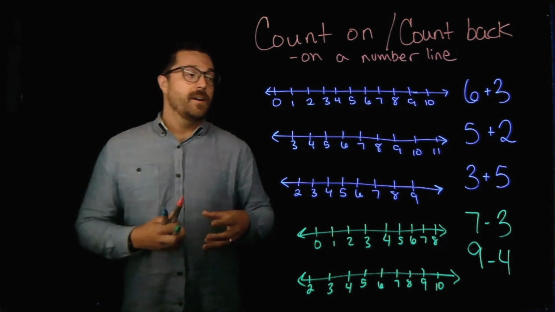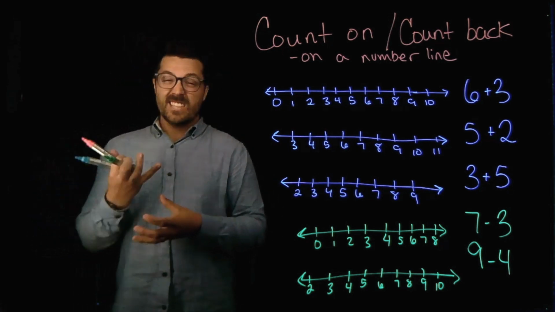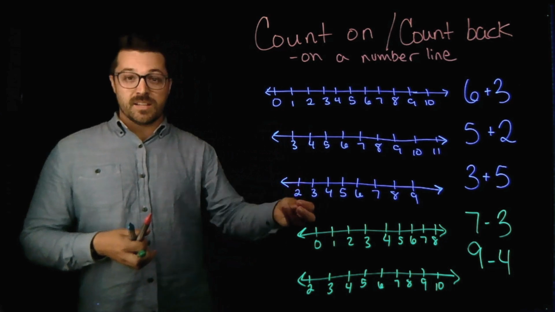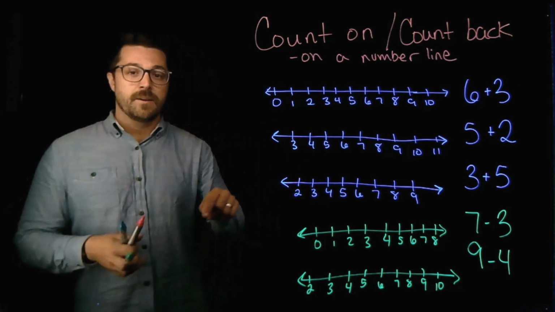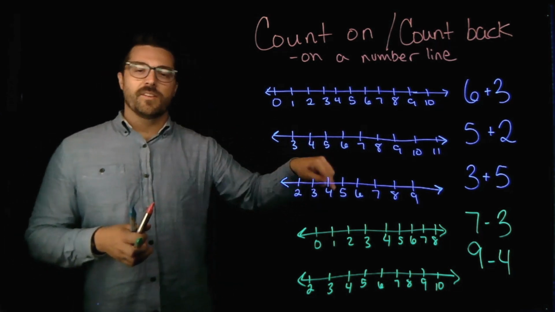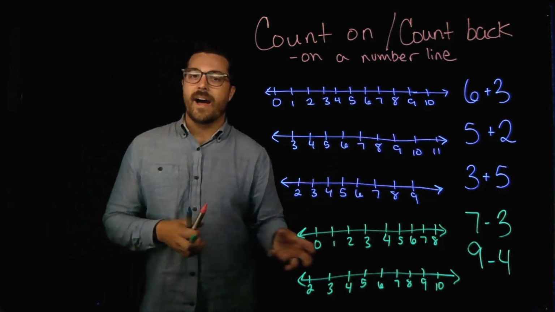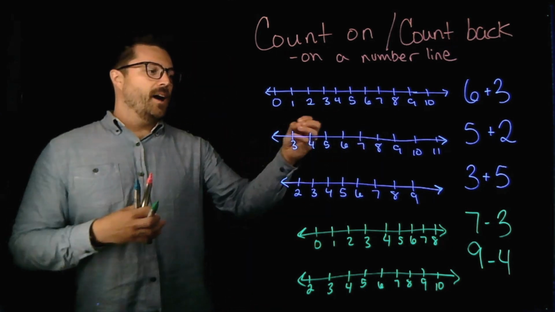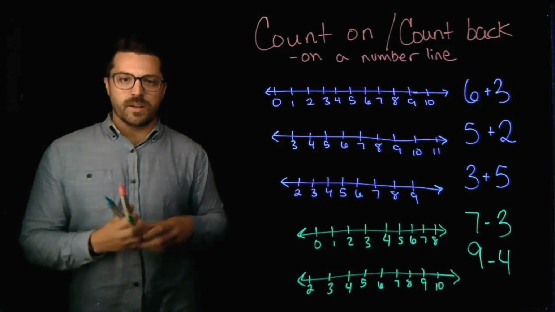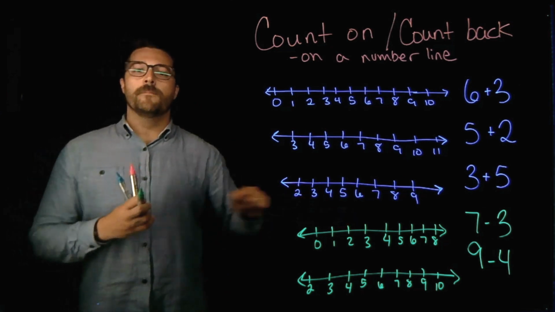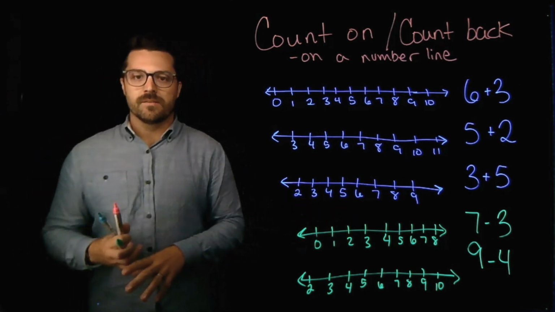Have a cluster of 6 things I can touch and 3 things that I can touch, and counting the 6 and then counting on the 3 more to see the sum of that. And subtraction, taking 7 actual objects that we can touch and physically removing 3 of those and then recounting.